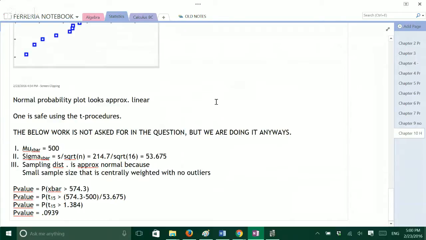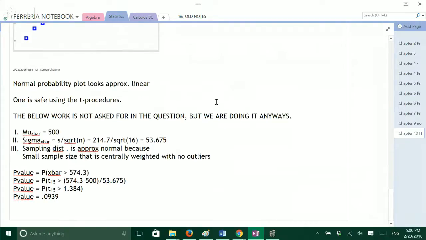10% alpha, right? Using alpha equals 0.10. Since the p-value is less than alpha, really close, we reject the null hypothesis. So what are we concluding?